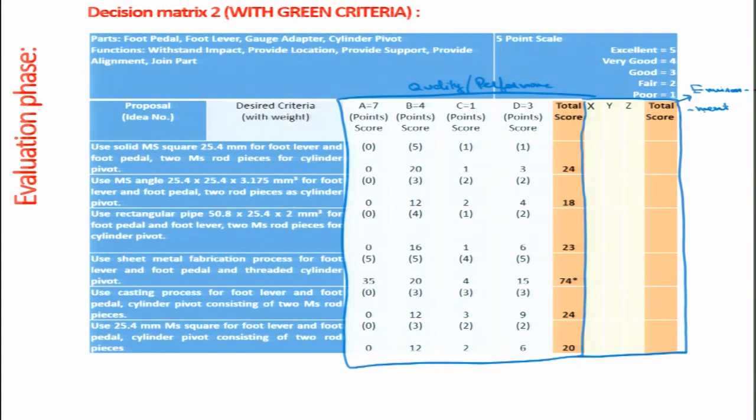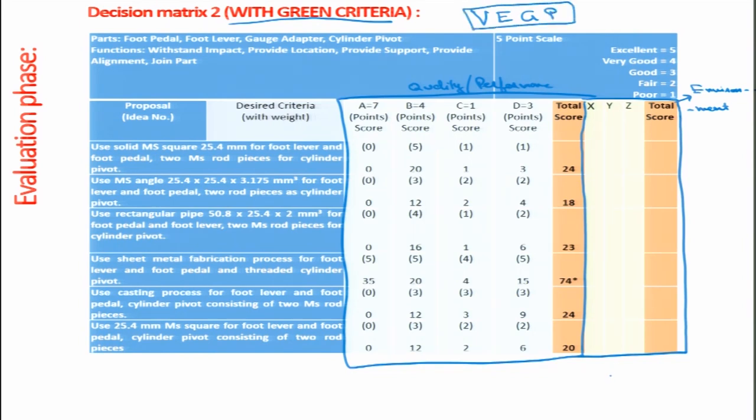So, this green criteria helps us to have a green product. That is why we have mentioned here decision matrix 2 with green criteria, and this makes it to be called value engineering green plan.